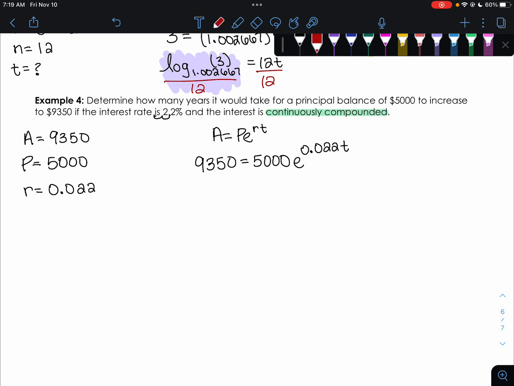Same concept, we want that base to be by itself, so we're going to divide both sides by 5,000. So 9,350 divided by 5,000, that is 1.87.